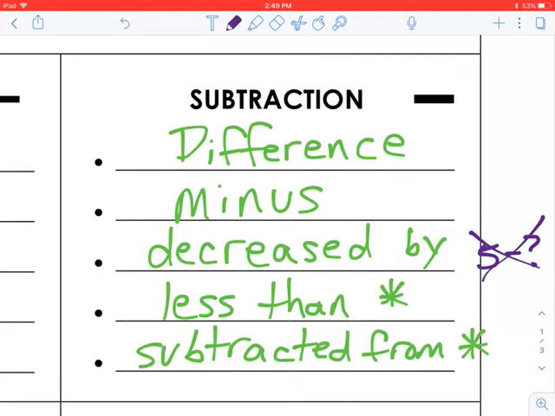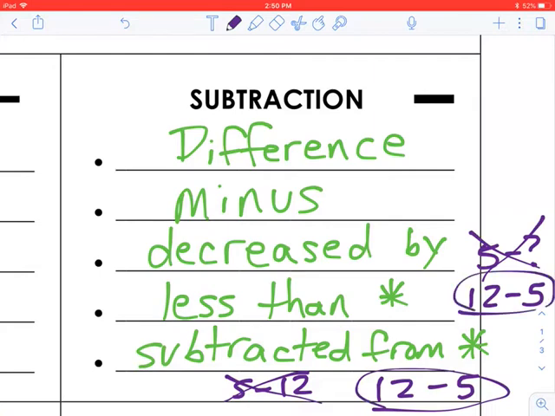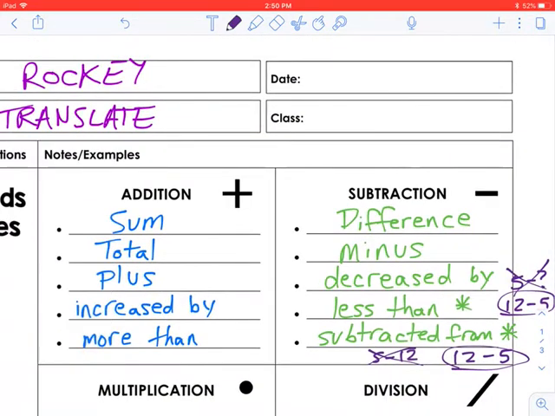If you have 5 less than 12, it's 12 minus 5. 5 less than 12 means you're subtracting 5. Or 5 subtracted from 12 isn't 5 minus 12. It's 5 subtracted from 12, so 12 minus 5. That's something we'll have to practice a little bit more.